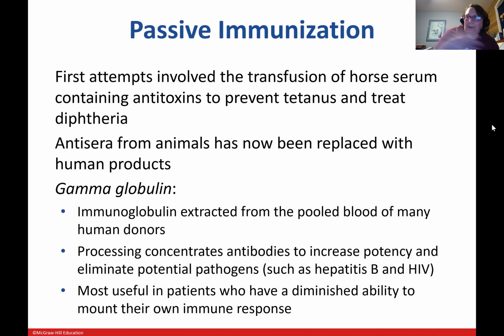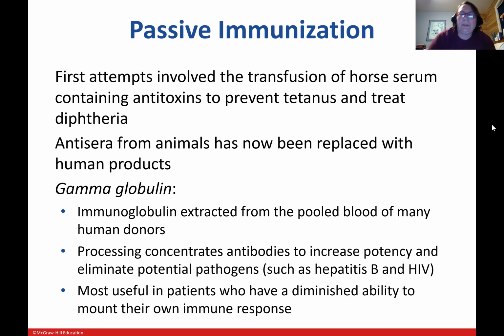Horses are constantly exposed to tetanus, and so they have developed an immune response to that. So they took horse serum, concentrated it down, and pulled out the antibodies, and were able to prevent tetanus and to treat diphtheria.